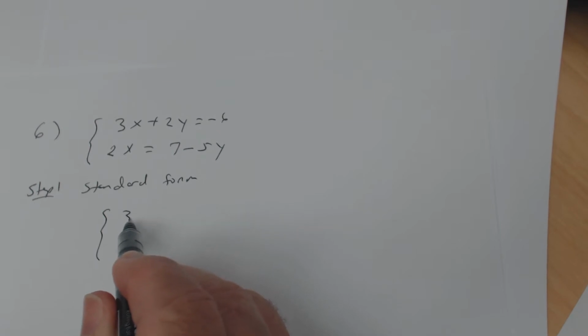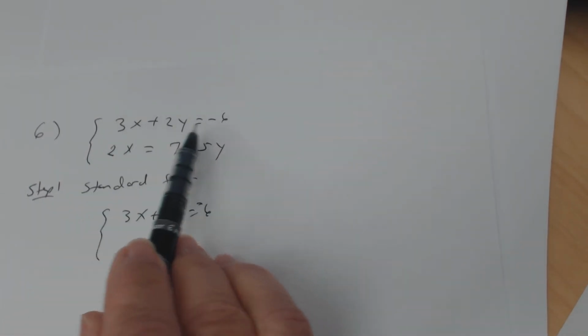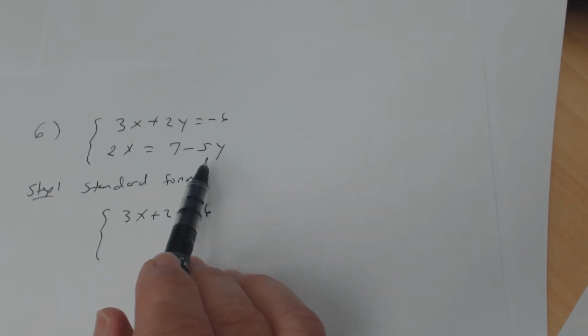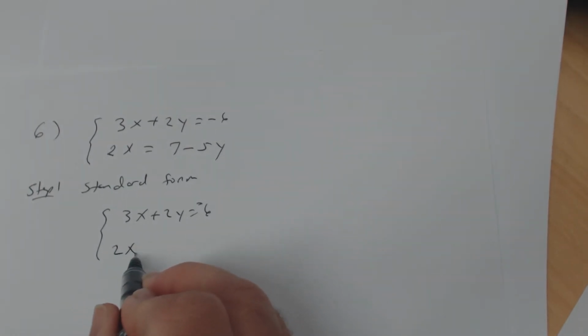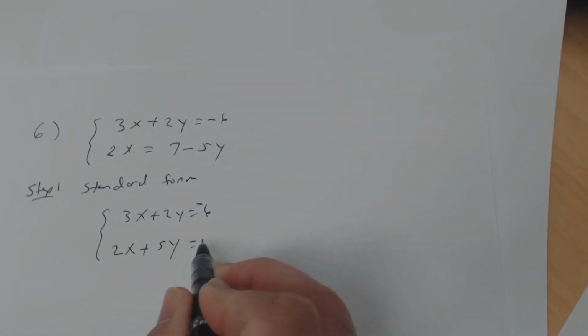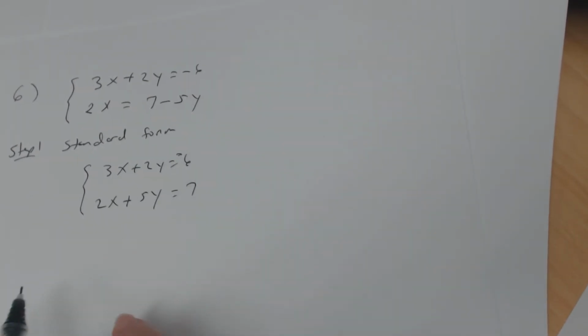So I get 3x plus 2y equals -6. This one's not, so I'm going to have to add 5y to both sides, bringing the negative 5y over. So I get 2x plus 5y equal 7.